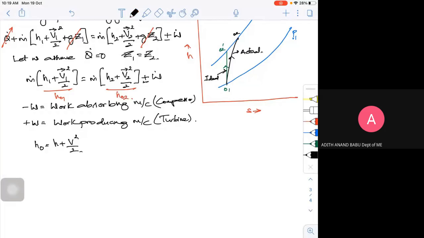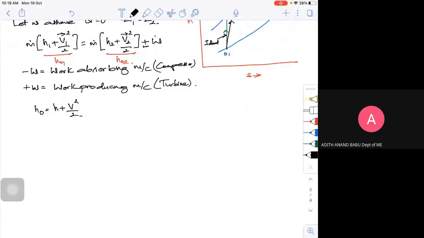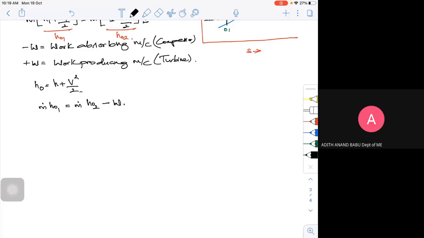So the above expression I can write as m dot into H naught 1 is equal to m dot into H naught 2 minus W, or simplifying the same thing, W is equal to m dot into H naught 2 minus H naught 1.